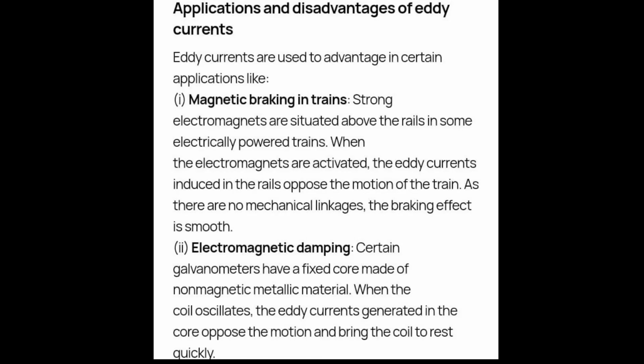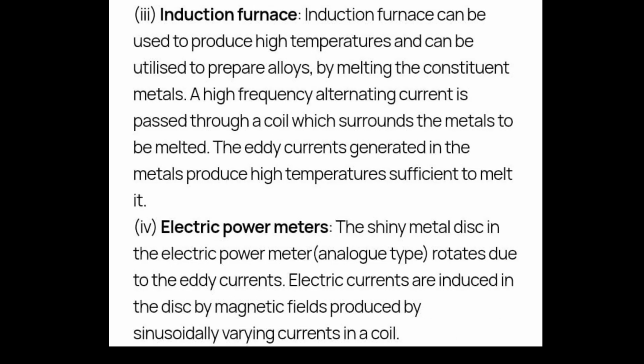The second is electromagnetic damping. Certain galvanometers have a fixed core made of non-magnetic metallic material. When the coil oscillates, the eddy currents generated in the core oppose the motion and bring the coil to rest quickly.